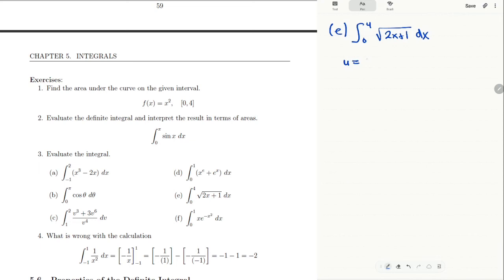So now let's look at letting u be equal to 2x plus 1. That means that du over dx is equal to 2. And we can solve for dx in the equation. We'll multiply both sides by dx, and then we divide by 2. So dx is equal to du over 2.